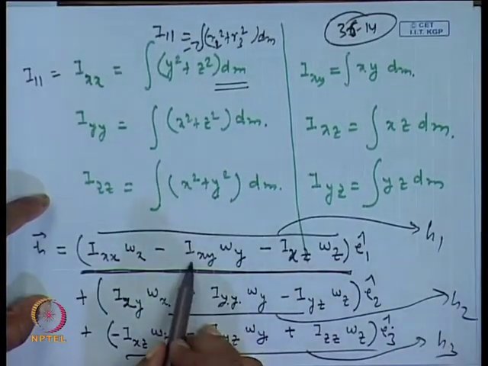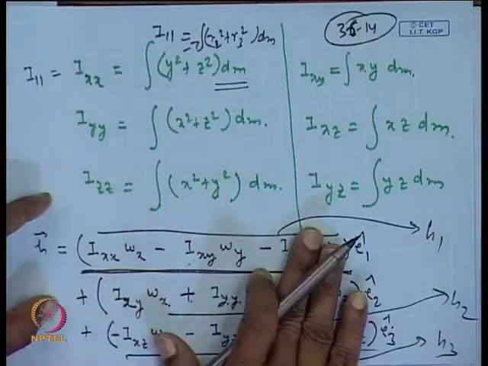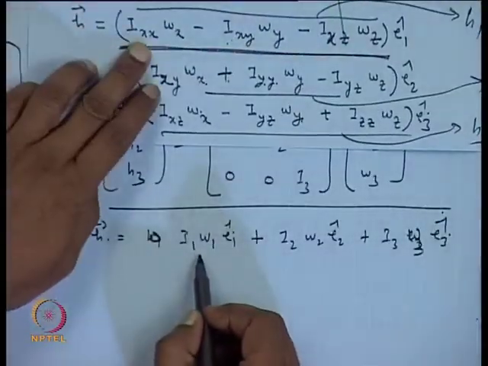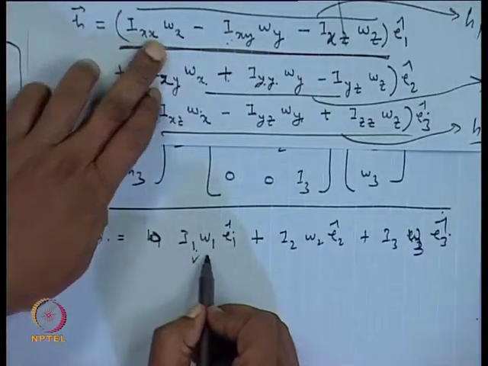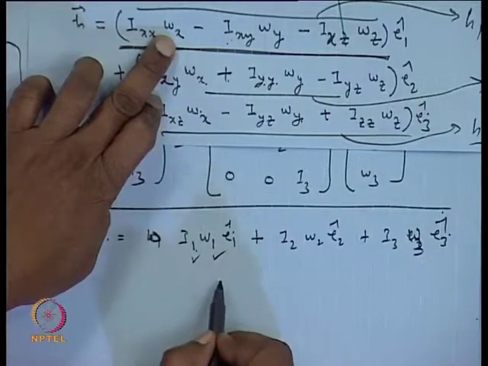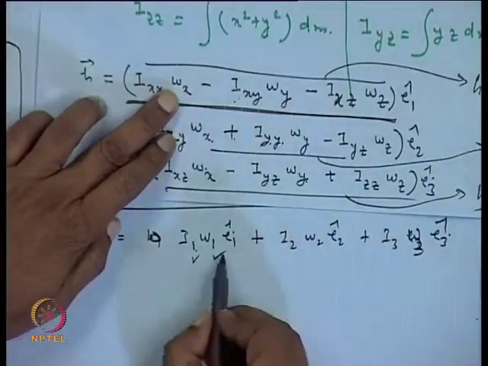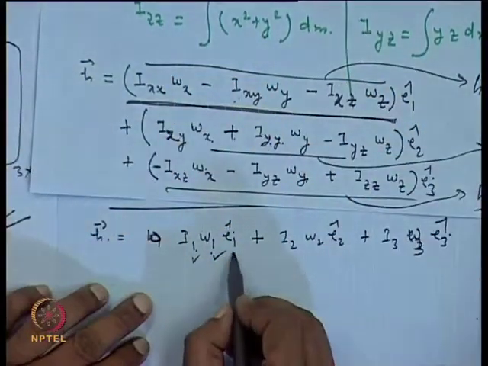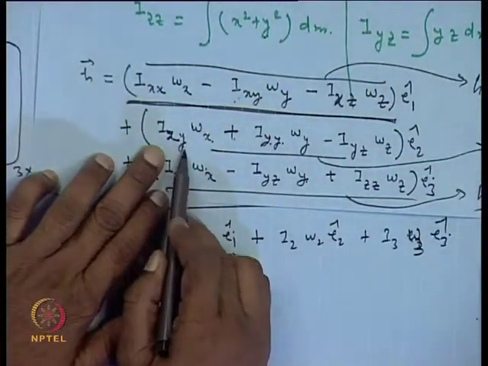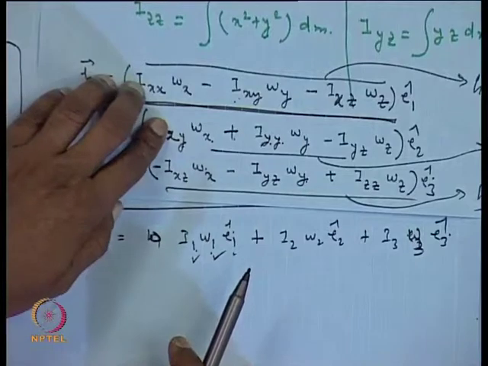So, if your off diagonal terms are 0, this goes, this goes. So, only I xx times omega x. Instead of writing I xx we have written the principal inertia as I 1, and omega x we have written as omega 1. So, these two terms drop out leaving E 1. The next term, the off diagonal term will be 0, this will be present.